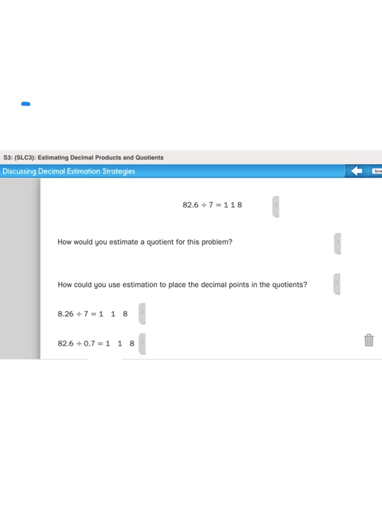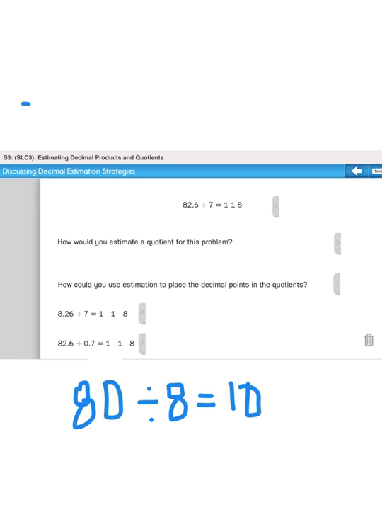You would probably use 80 divided by 8, which we all know equals 10. Okay, now, if I told you the digits for your answer are going to be 118, where would you place the decimal point after looking at your estimate?